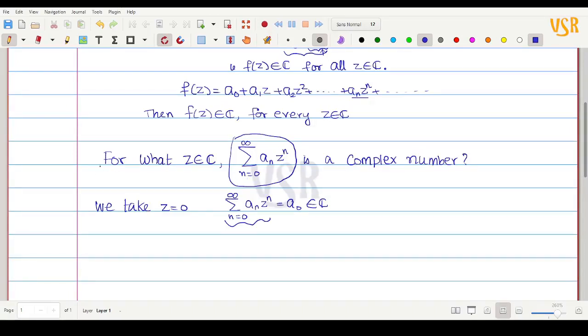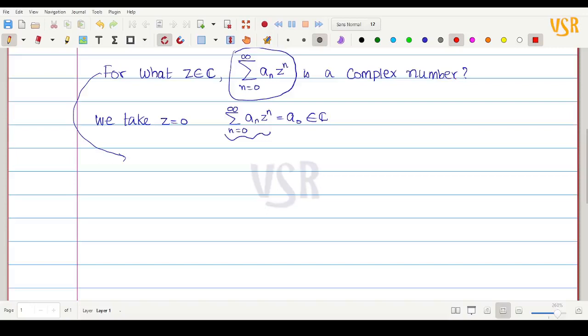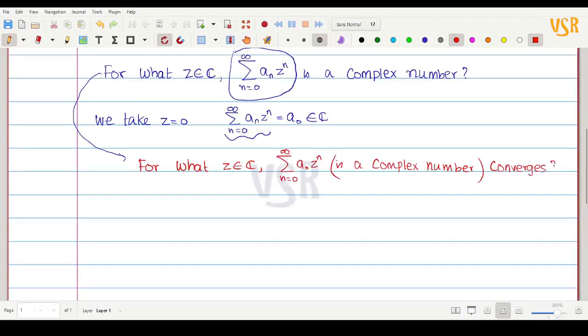I may ask it another way: for what z belongs to C is this series a complex number? In other words, for what z belongs to C does this series converge? Both are the same. Is the idea clear? We are going to study when this converges.